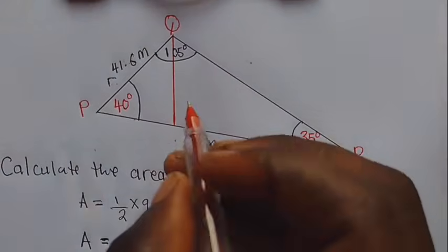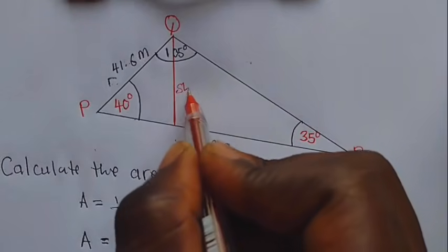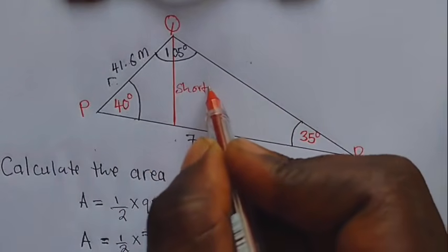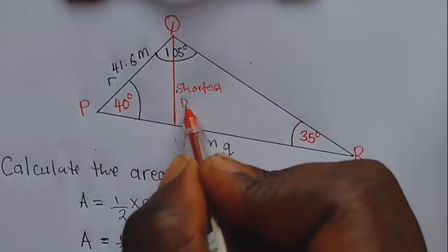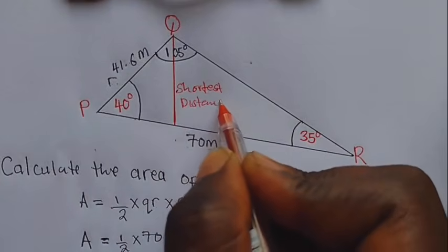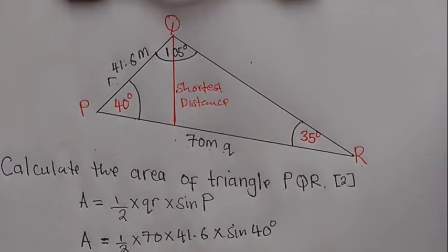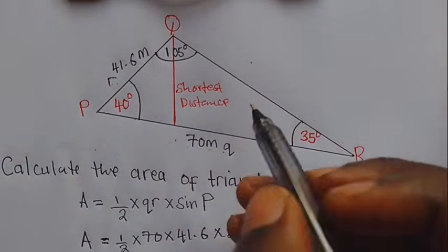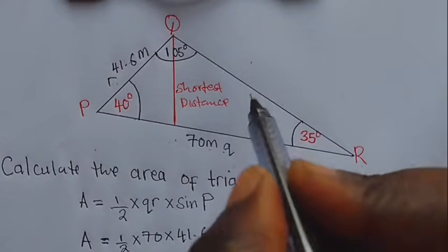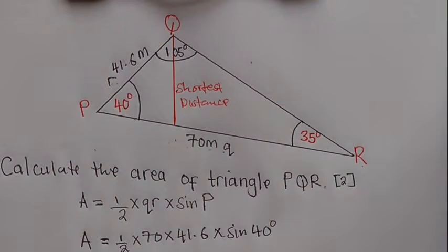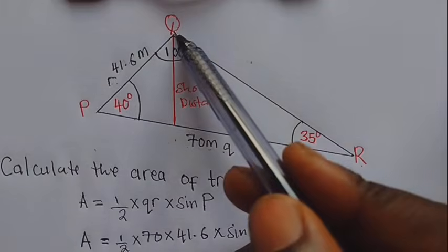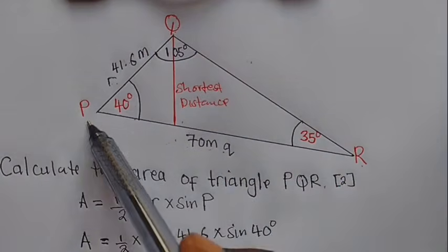So how can we find this shortest distance? To find the shortest distance, we are just going to use a very simple formula, because this is from the point Q along the line PR.